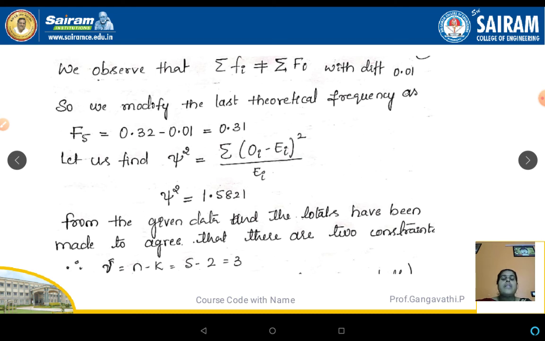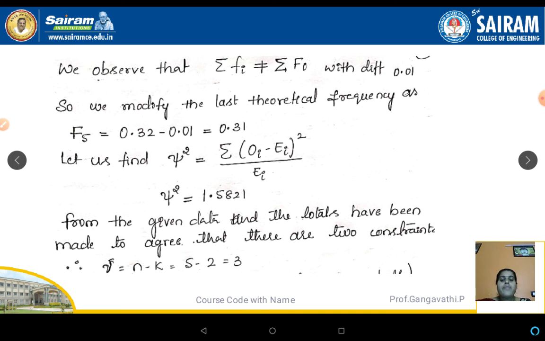The two arbitrary constants must be evaluated. Whereas in binomial only n minus 1 degrees of freedom can be observed, in Poisson n minus 2 degrees of freedom must be observed. So constraint here is 2. One is by default and the other is the small modification we have done. Therefore nu is equal to n minus k, which is 3.